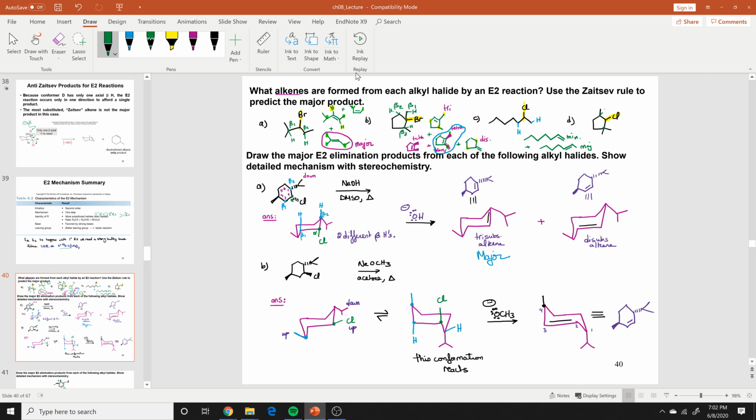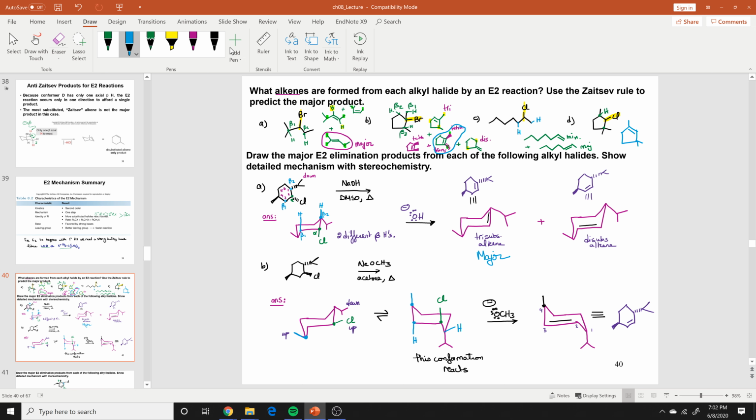So my elimination is only between this carbon and the carbon of the halogen. This is my only elimination. And I am going to end up having my alkene over here, and this is going to be my major product.